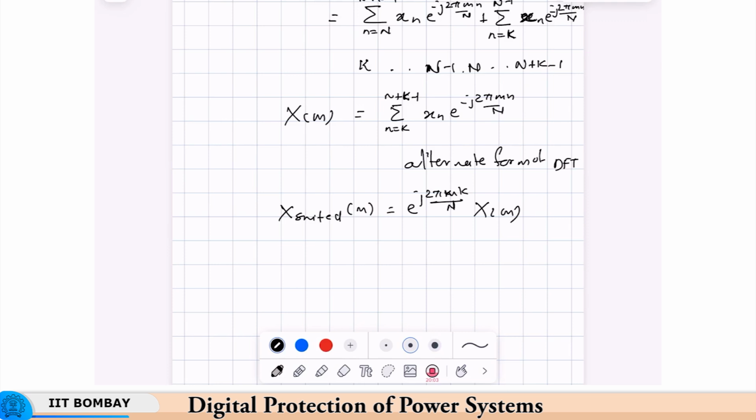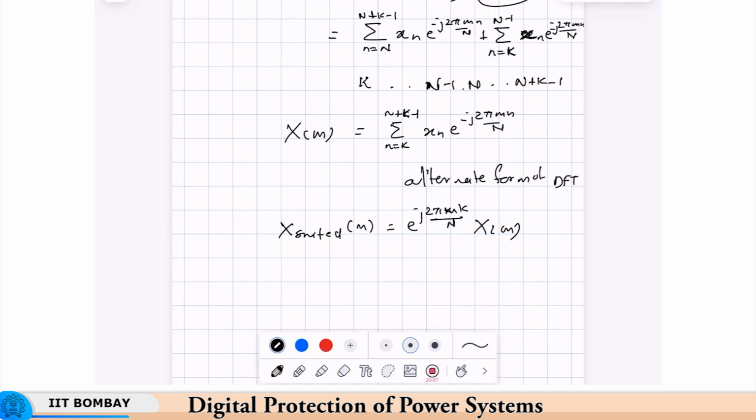Now, what samples did we have? We have shifted the samples: instead of starting at x 0 we are starting at x k, okay, x k plus 1 up to.